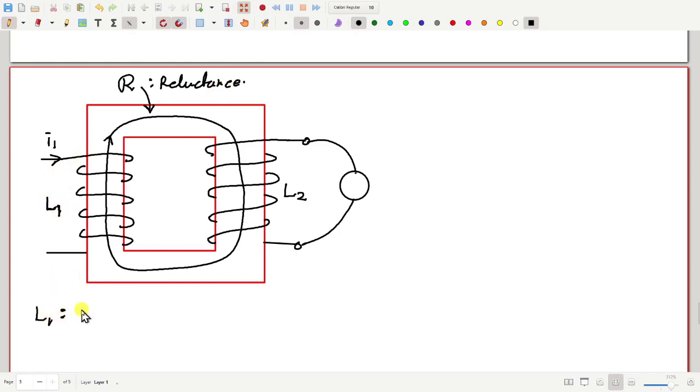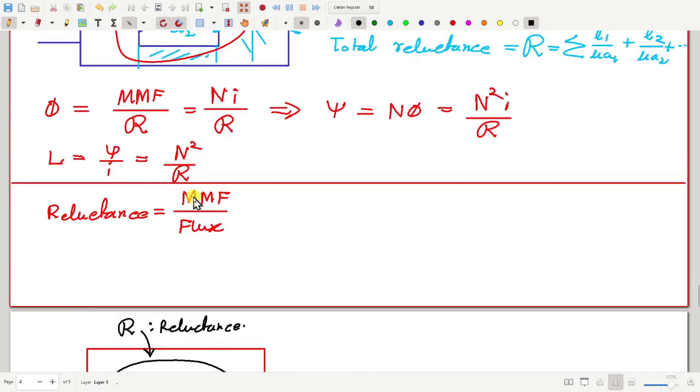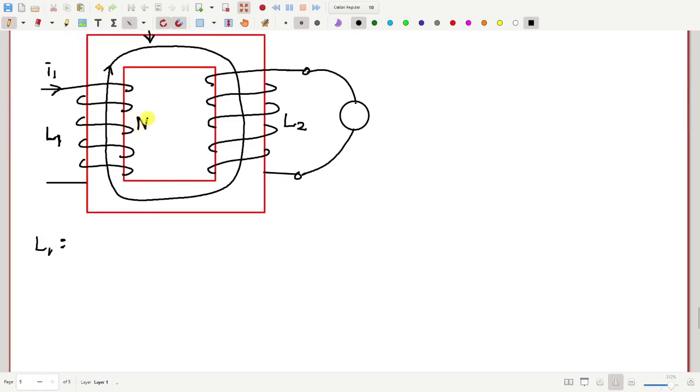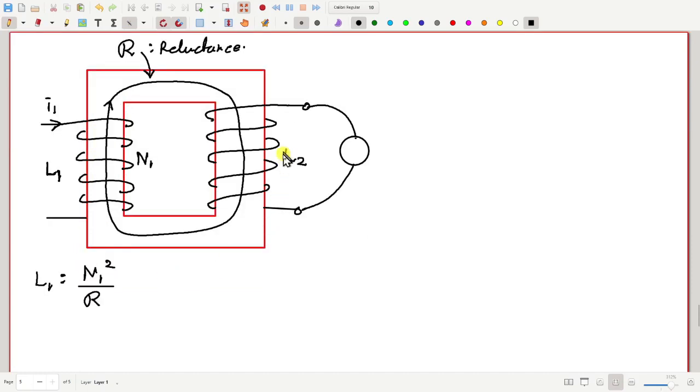As we just saw, this is N squared by R. So now if N1 is the number of turns of the first coil, this will become N1 squared by reluctance. Similarly, how much will be L2 if I estimate the self-inductance of the second coil? That should be N2 squared by R, if N2 is the number of turns of the second coil.